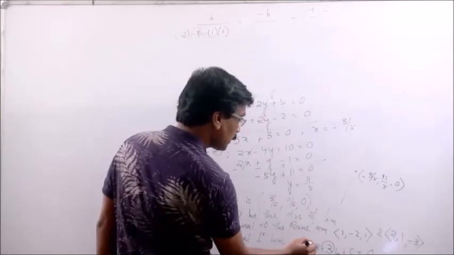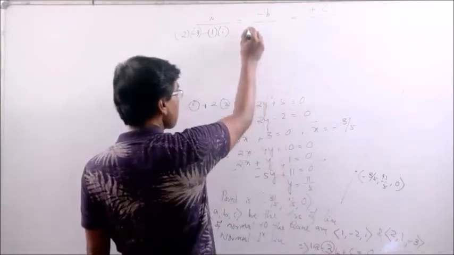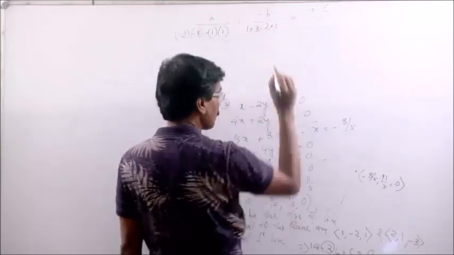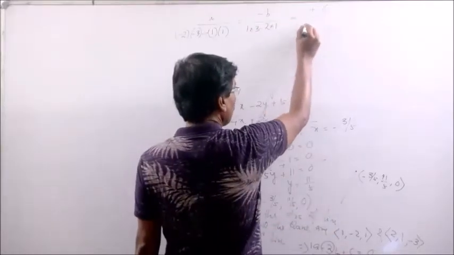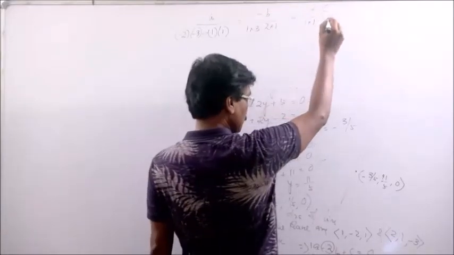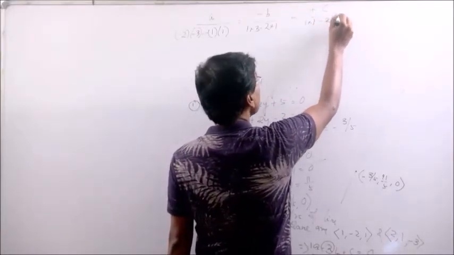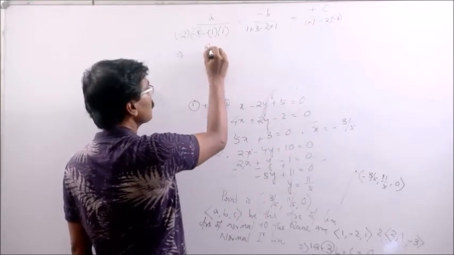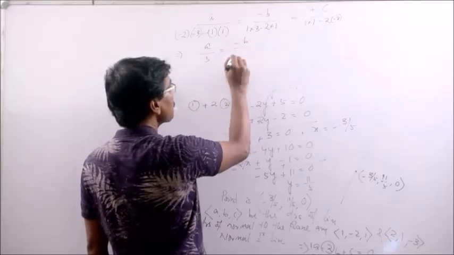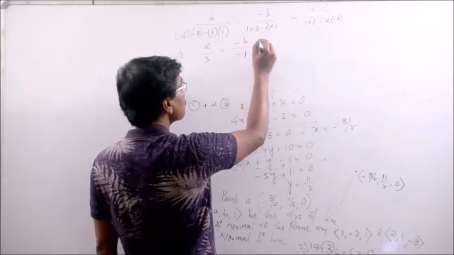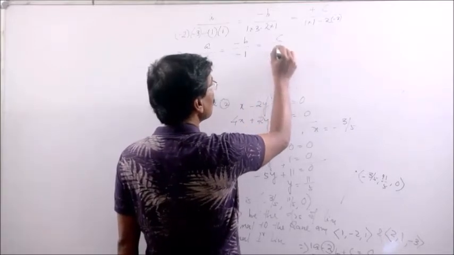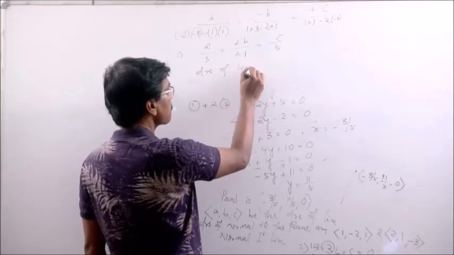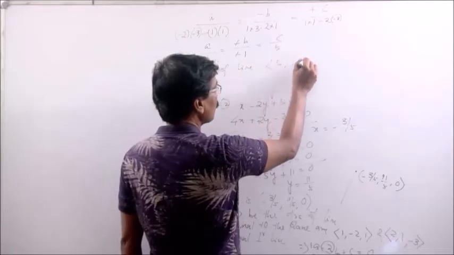Similarly, minus b by (1 into minus 3 minus 2 into 1) and c by (1 into 1 minus 2 into minus 2). So that is a by 5, minus b by minus 1 is equal to c by 5. So direction ratios of the line are 5, 1, 5.